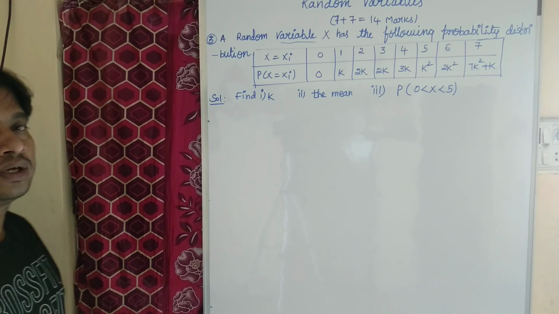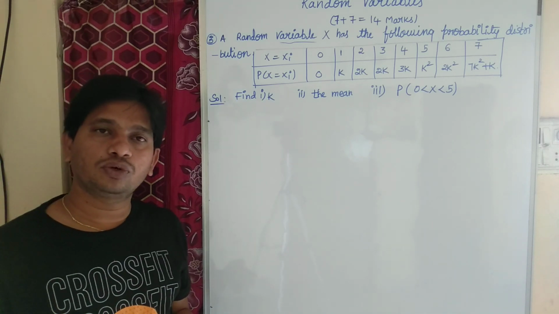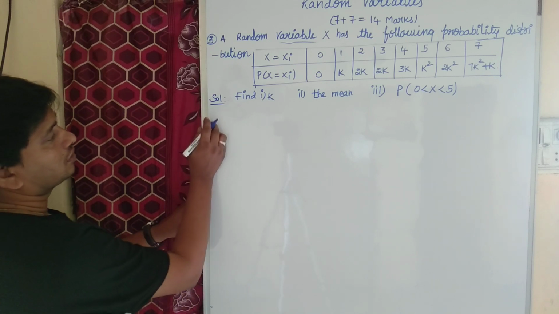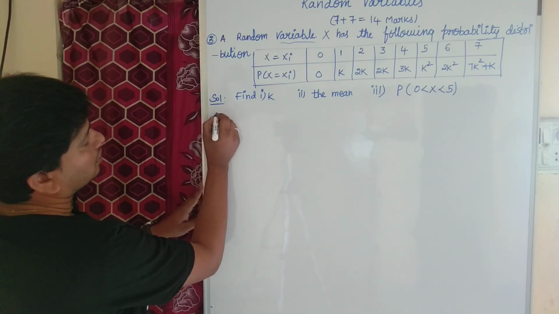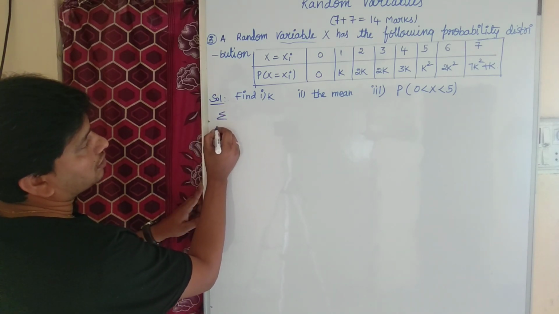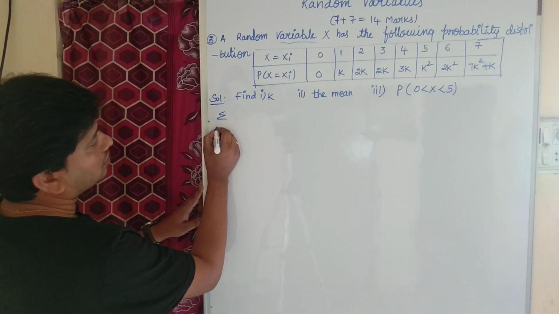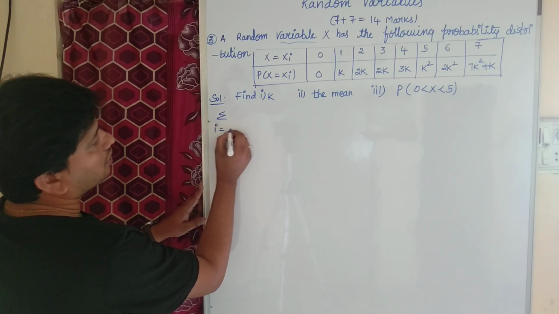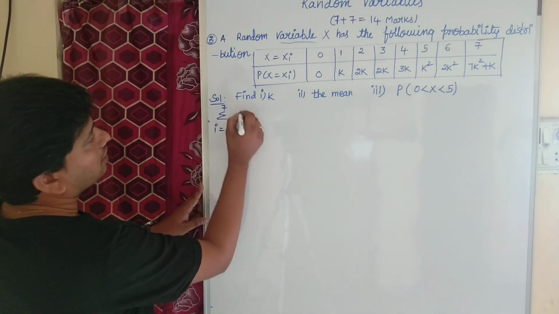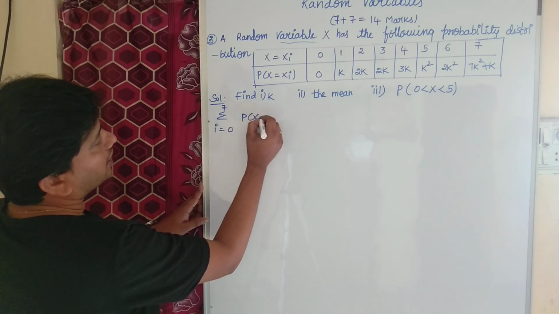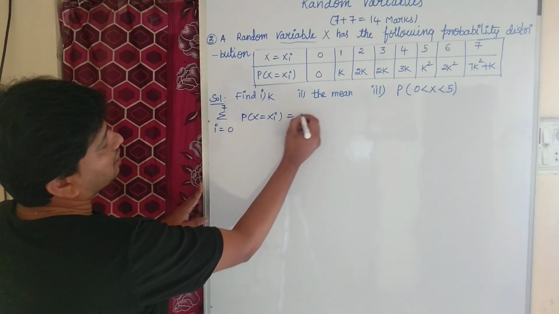Children, we know that the sum of the probabilities must be equal to 1, right? So sigma i equal to 0 to 7, P(X = xi) must be equal to 1.